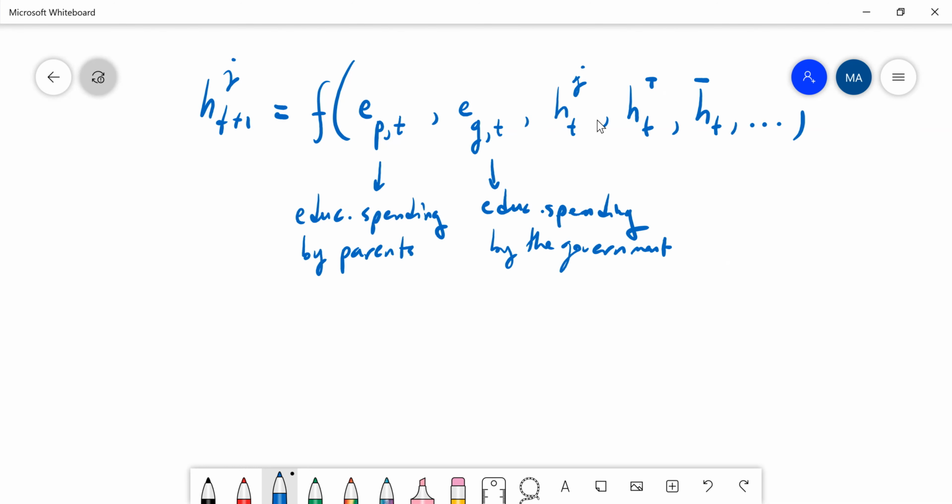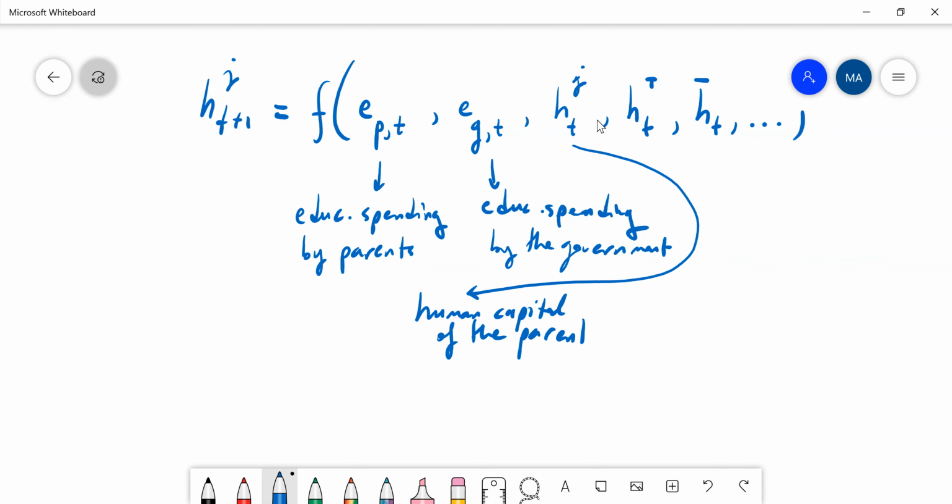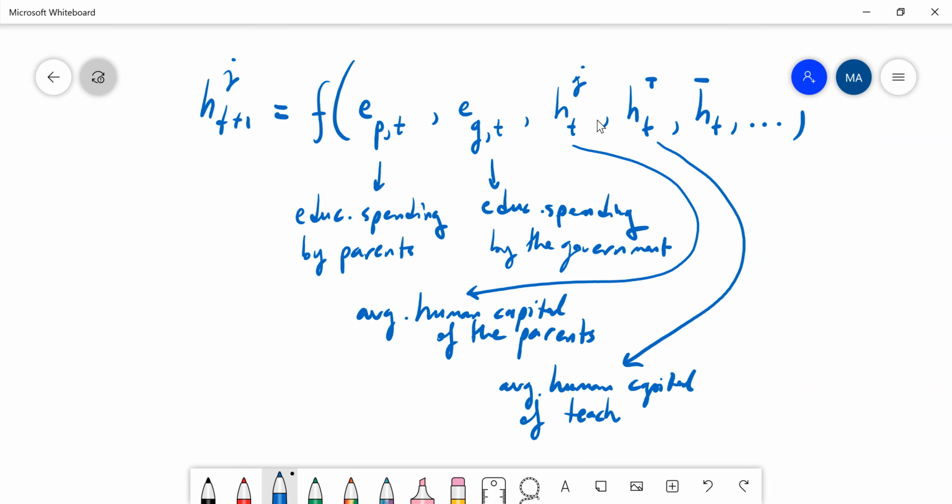So this is human capital of the parents. Let's say average of mothers and fathers. This is the average human capital of teachers. And this would be the average human capital of the society.